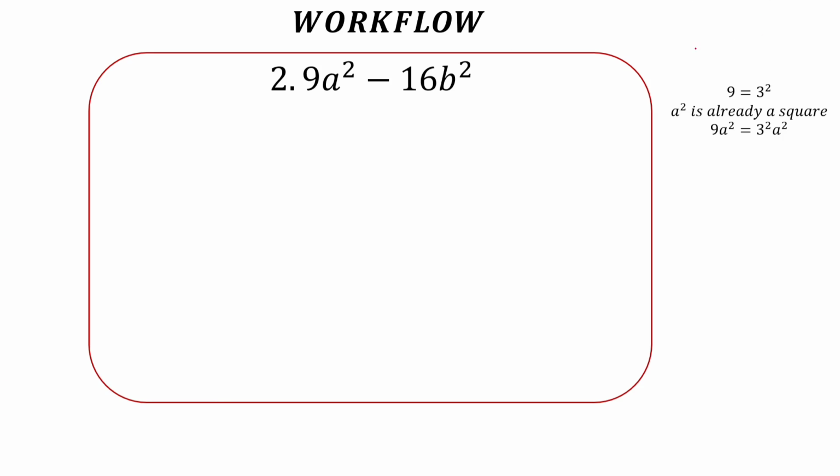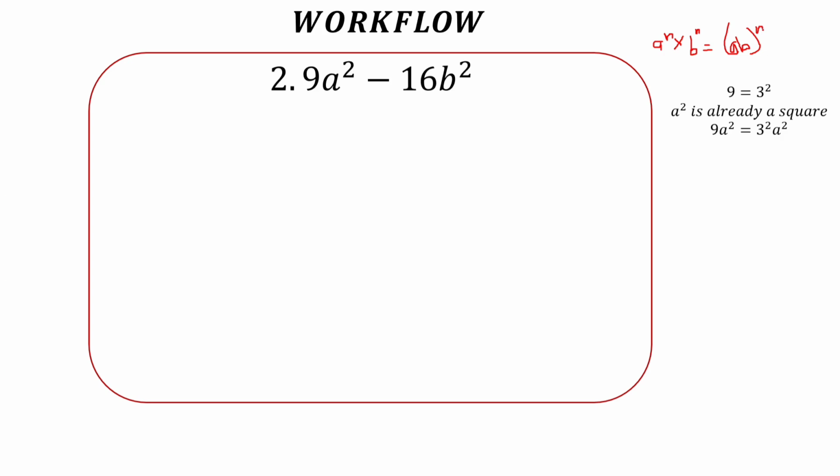If you have a to the nth power multiplying b also to the nth power, it is the same thing as a multiplying b, that would be ab, all to the nth power.